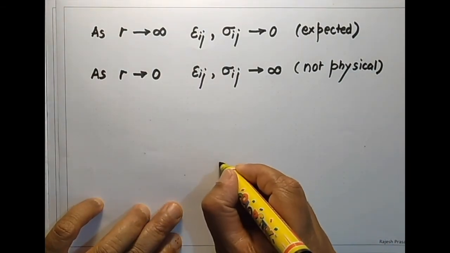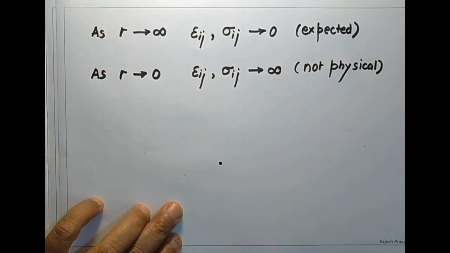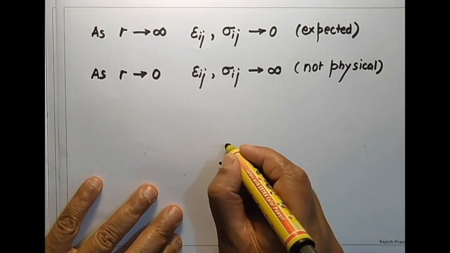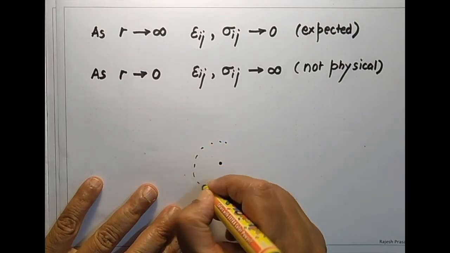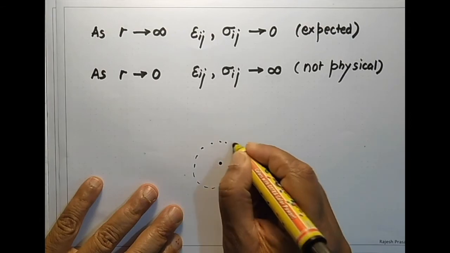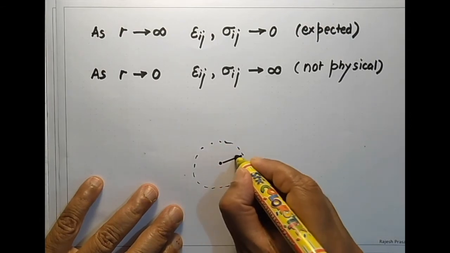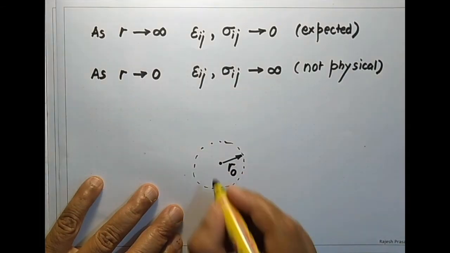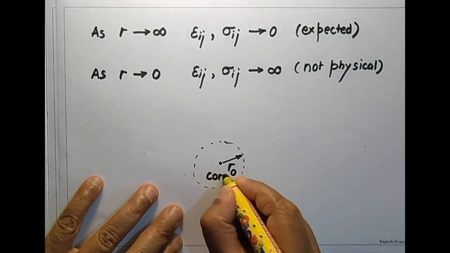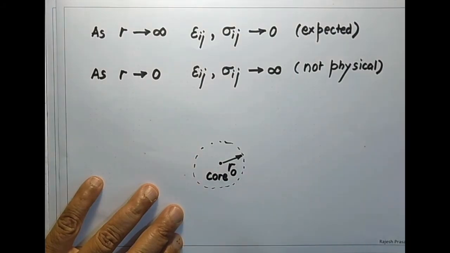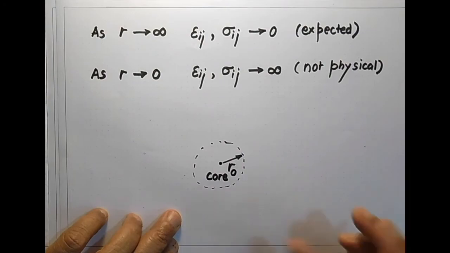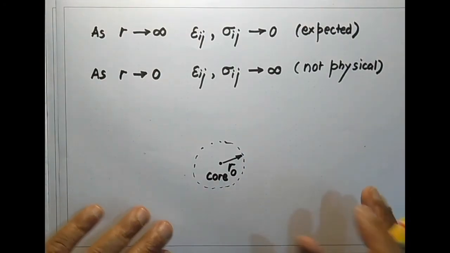So if there is a dislocation at this location, as we go very close to the dislocation, there is a region of radius r0, which we call the core. And in the core, we cannot apply these formulas.